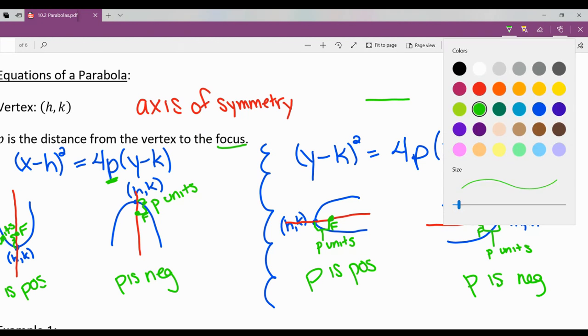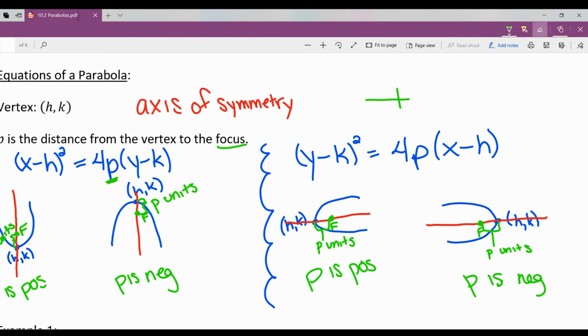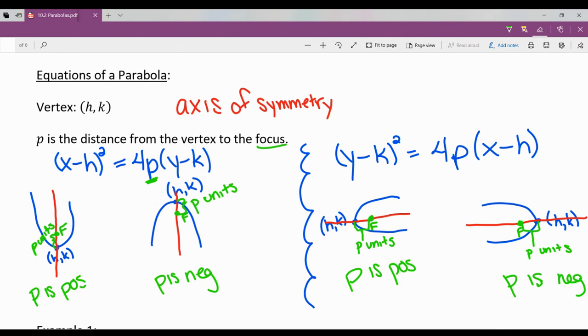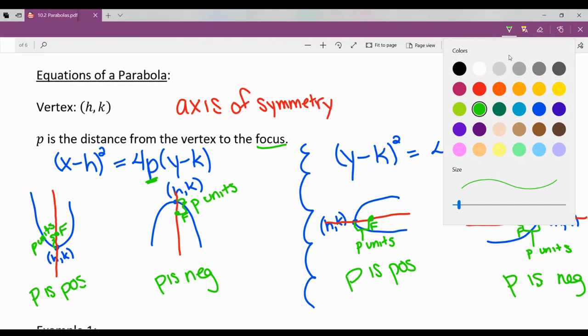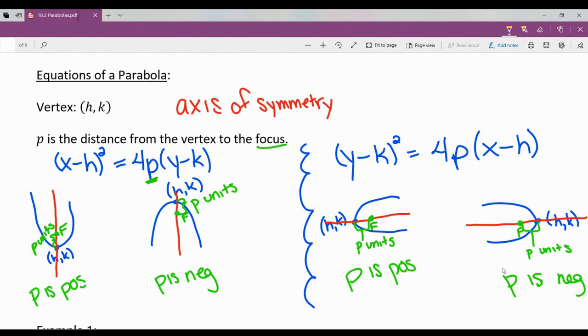Ooh, drawing random marks all over my graph. All right, so now the last topic that we need to talk about is a terminology called the directrix. So we'll do the directrix in gold.